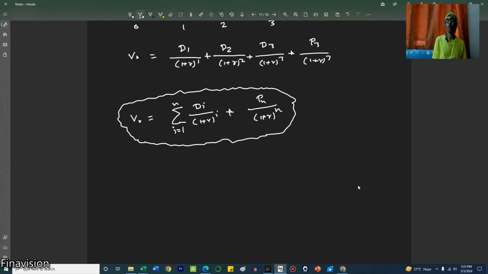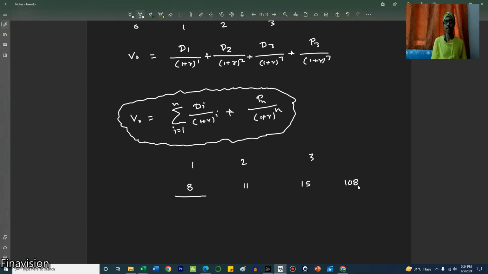Let's take an example here of a three year holding period and a certain amount of dividend. Okay, so let's say 1, 2, 3. At year 1, you will be getting a dividend of $8. At year 2, you will be getting a dividend of $11. At year 3, you will be getting a dividend of $15, and your selling price will be, let's say, 108. Your required return, let's say, is 8%.